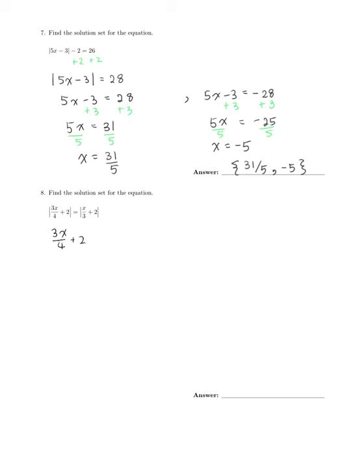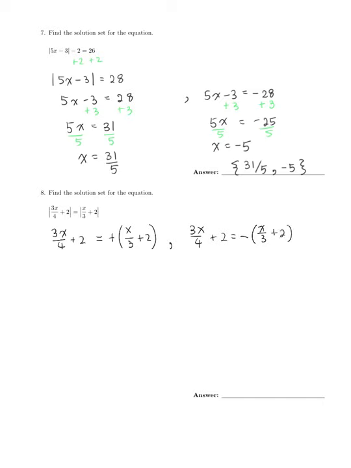Now that's going to equal the positive side of x over 3 plus 2. Of course, you don't need to write that positive side and the plus sign, but let me just do it so you don't forget. And then another one is 3x over 4 plus 2 equals the negative side. So you're going to have negative x over 3 and then plus 2.